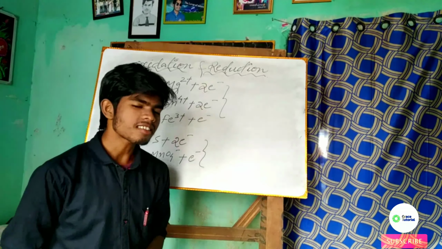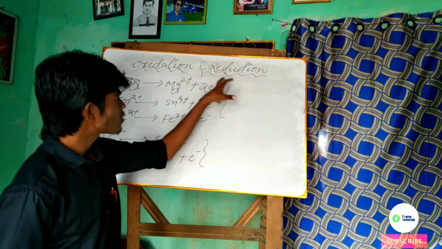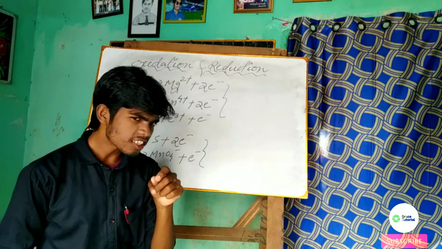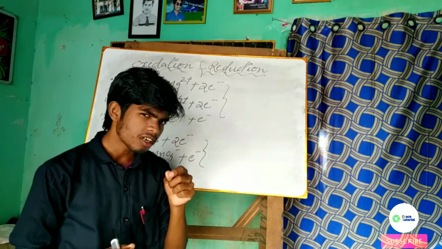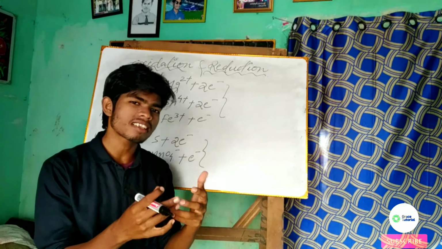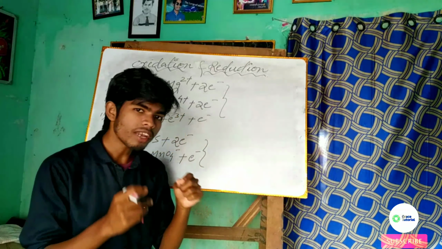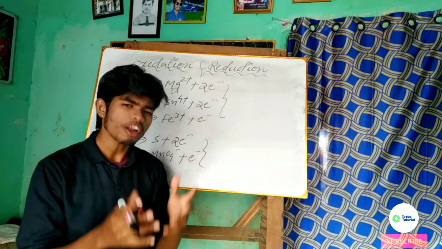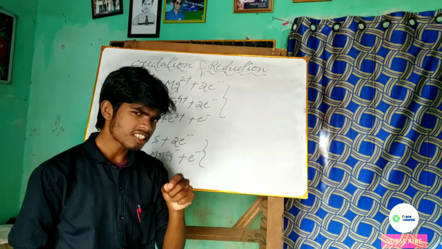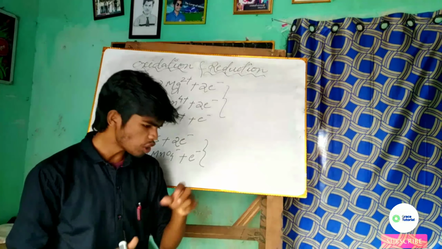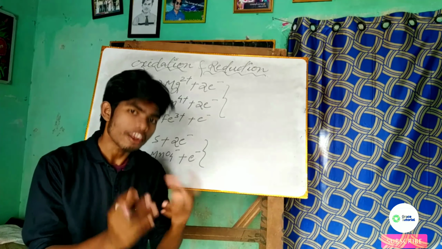Now we will discuss the electronic concept of oxidation as well as the reduction. So what is this oxidation according to this electronic concept? Because before we had discussed the classical concept of oxidation and reduction. Now we are discussing the electronic concept of oxidation and reduction. Well, oxidation is defined as the process which involves the loss of electrons by an atom or ion.